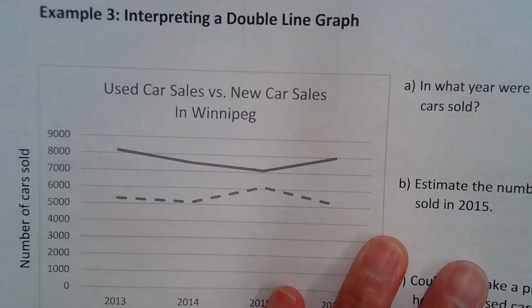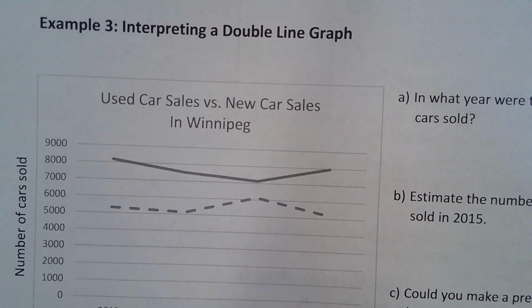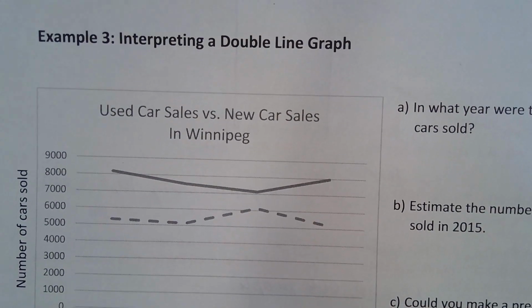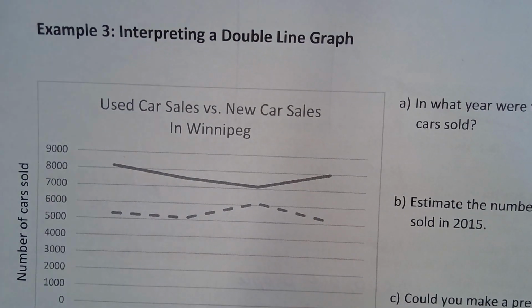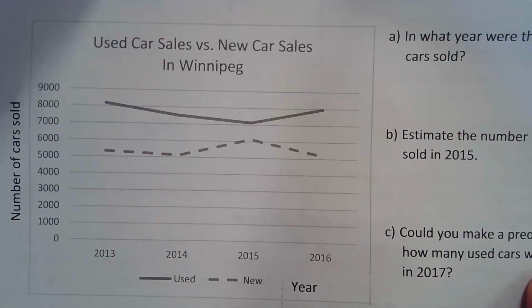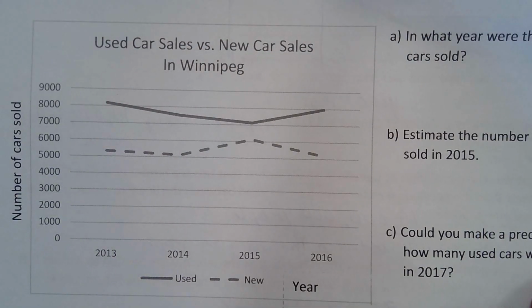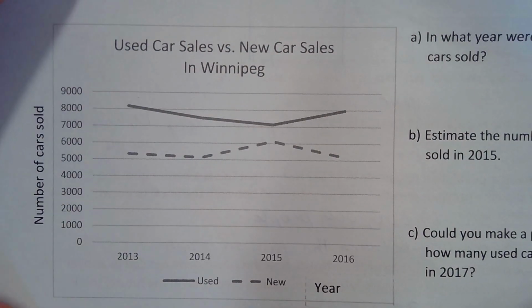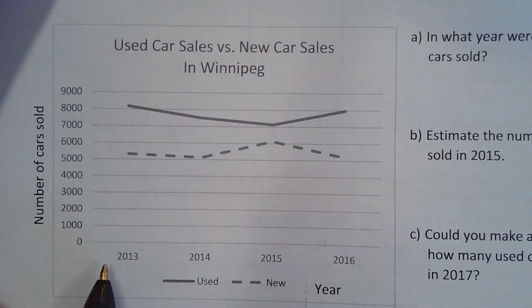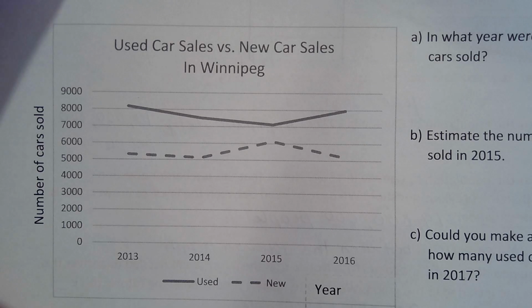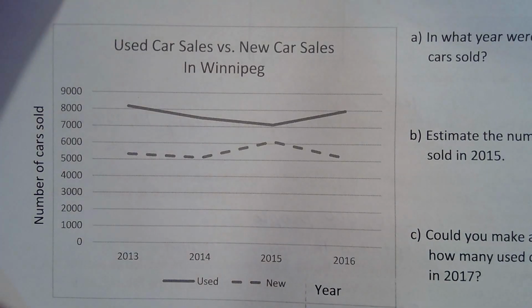Okay, so now let's see what this line is about. Interpreting a double line graph. So there are two lines going on here. Okay. What's on the horizontal axis? What kind of information is on the horizontal axis?